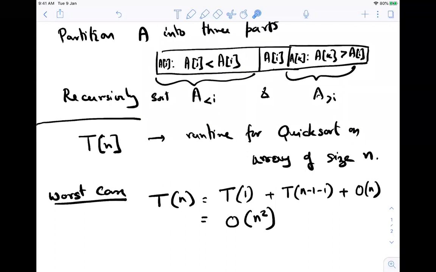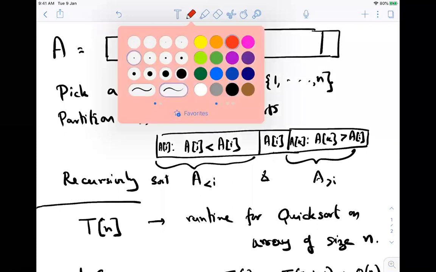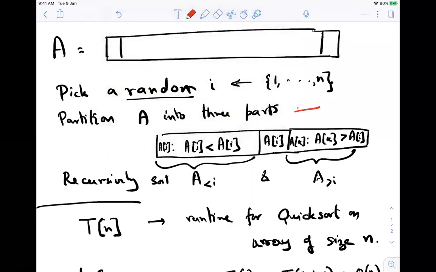But also one thing that I should point out here, maybe this is something we discussed in the last class, is that this partitioning can be done in place, meaning there is no extra memory that has to be used. You can go over this array, and while you are going over the array, you can start moving things accordingly and get everything partitioned into A less than I, A greater than I, and A_i.